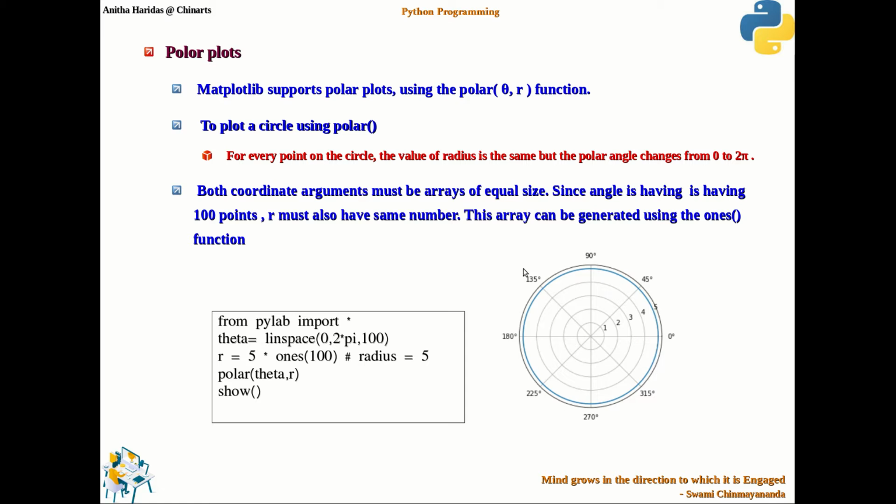This is the program code. You can observe here I have the theta value, which ranges from 0 to 2 pi with 100 as the interval. Then I am going to have a radius of 5. Then I invoke the polar function, which will create this particular plot, right?